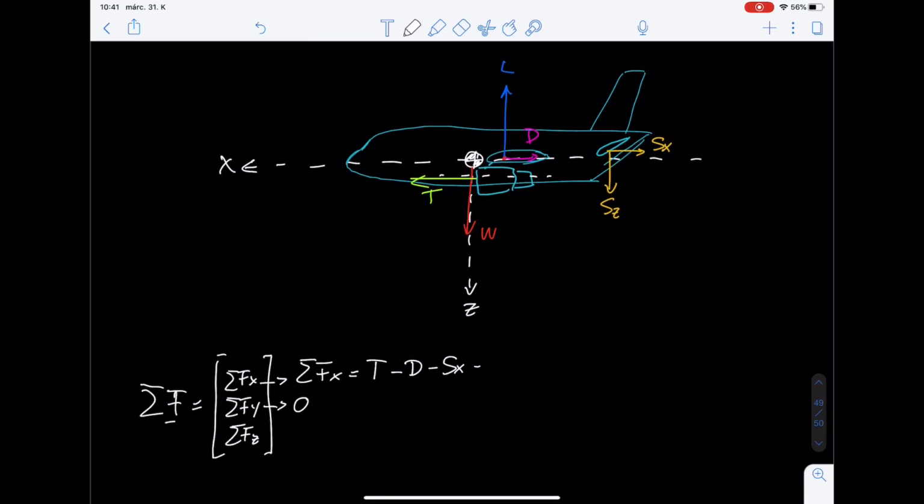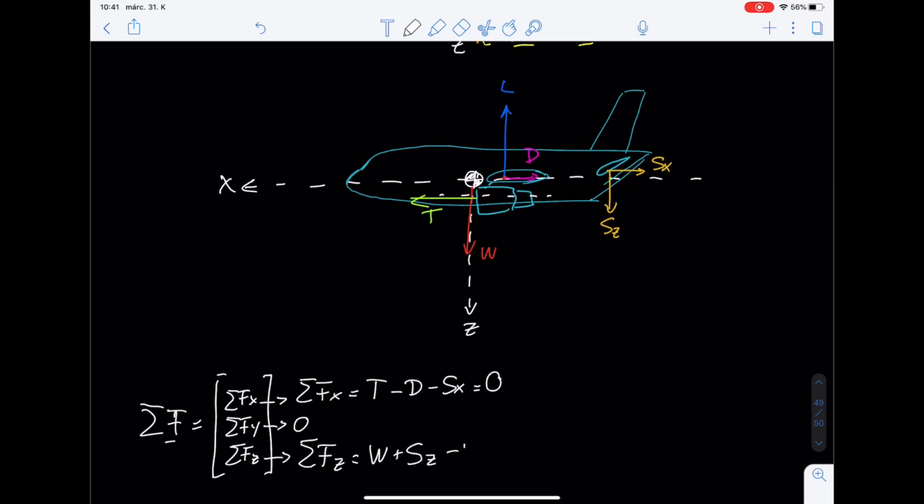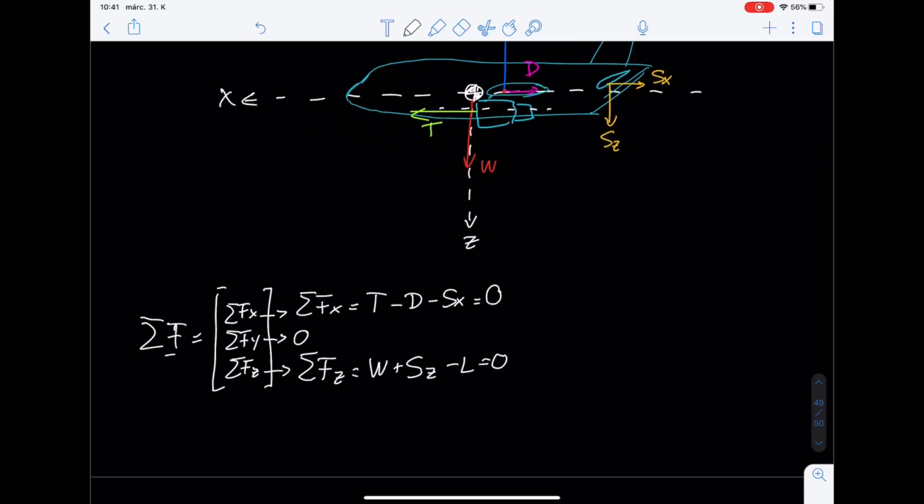And this has to be 0. Okay, so the sum of the forces in the z direction would be equal to the weight plus the stabilizer force in the z direction, which is added to the weight, minus the lift, and that has to equal 0.